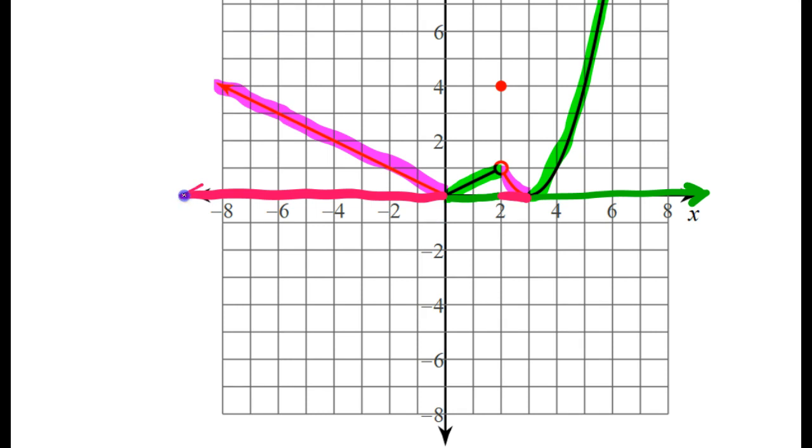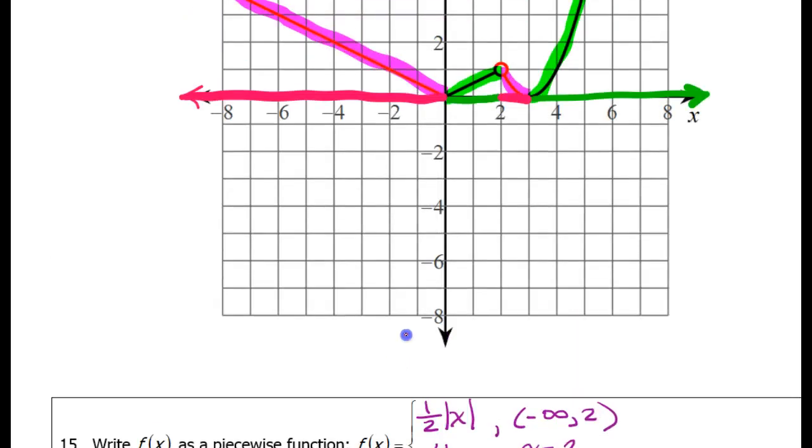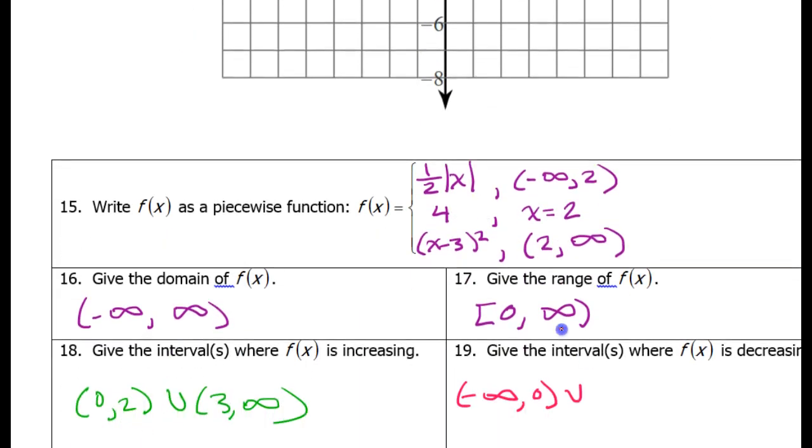Okay, so that first interval is from negative infinity to 0. So it's decreasing from negative infinity to 0, union, and then it's also decreasing from 2 to 3. Always use parentheses for the increasing and the decreasing.